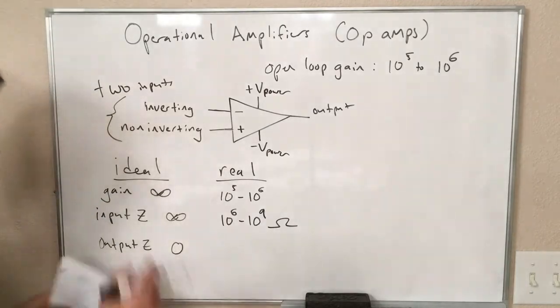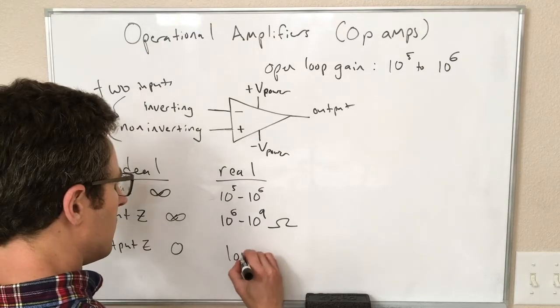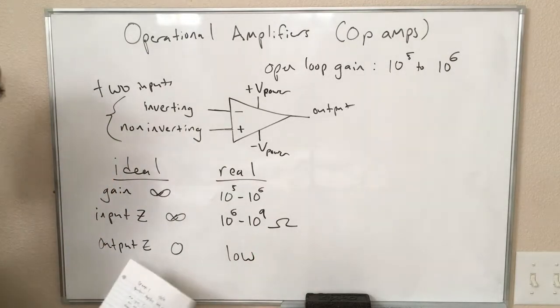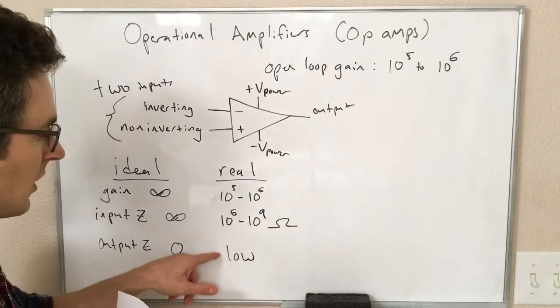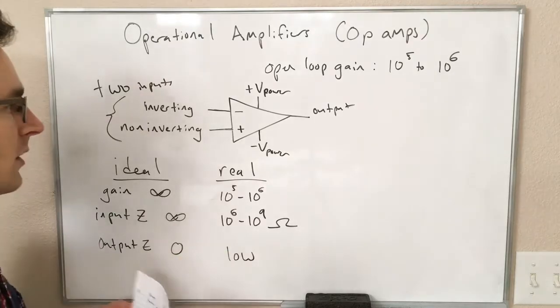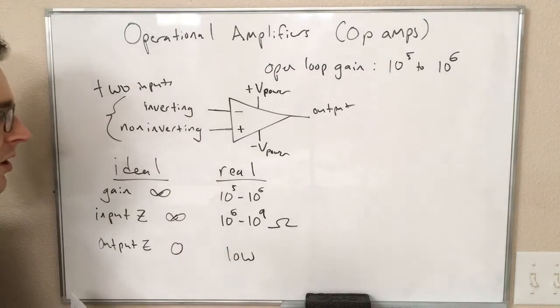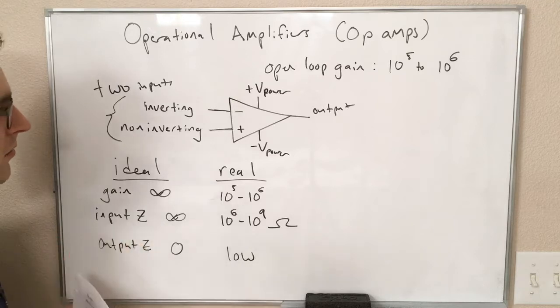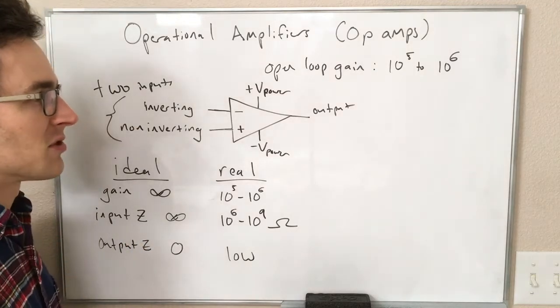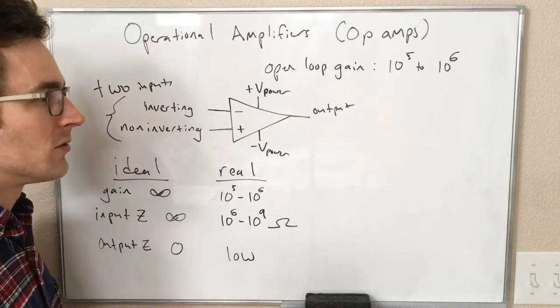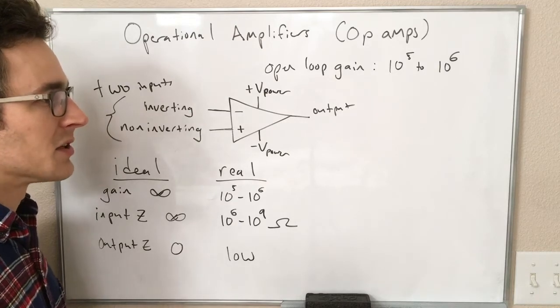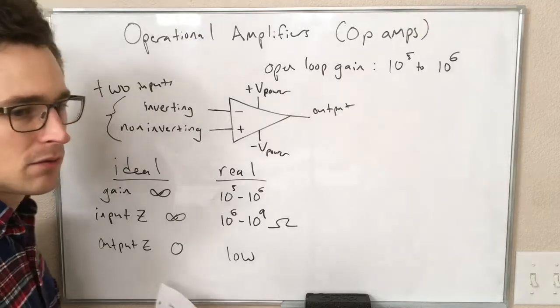Or at least it's very unlikely to. And the output impedance is low. What I mean by low depends on what op amp and what it's outputting, but certainly the op amps that we'll be using can source many milliamps of current, maybe 25 milliamps at 10 volts.